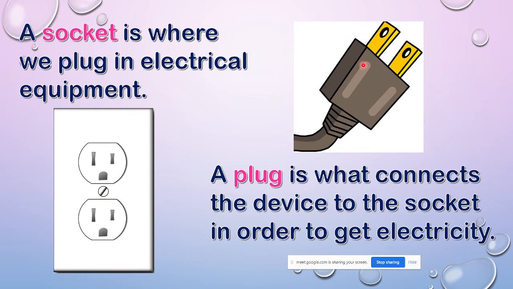A socket is where we plug in electrical equipment. It means if you want to use a device, you have to insert the plug into the socket to get electricity. The plug is the one connected to the device and then to the socket to get electricity.